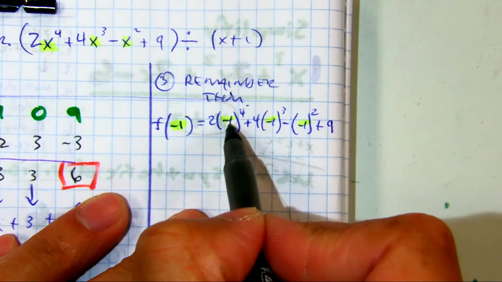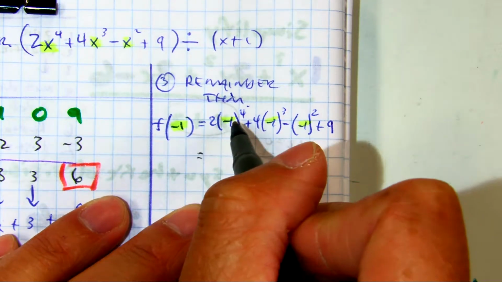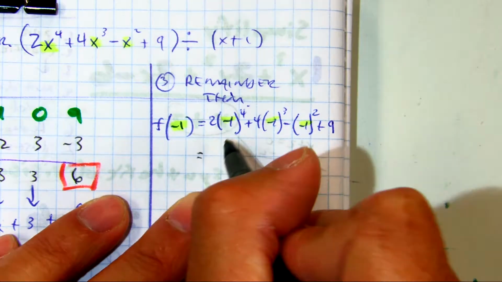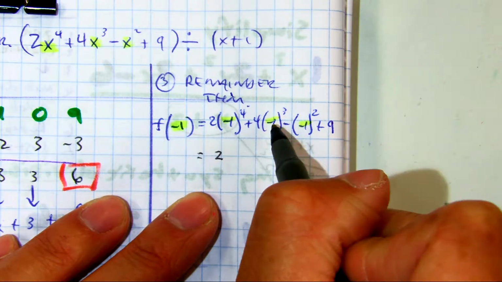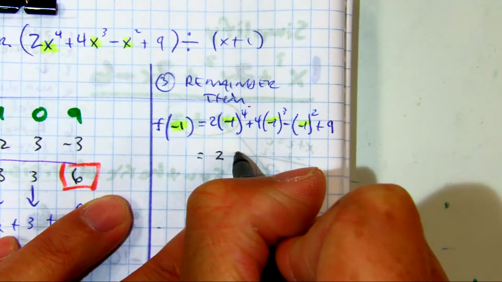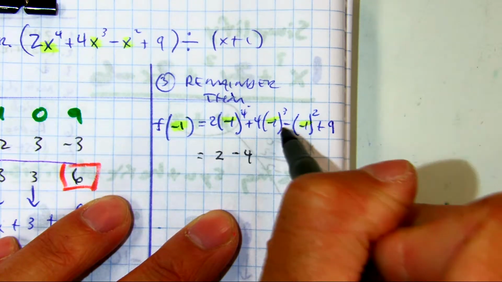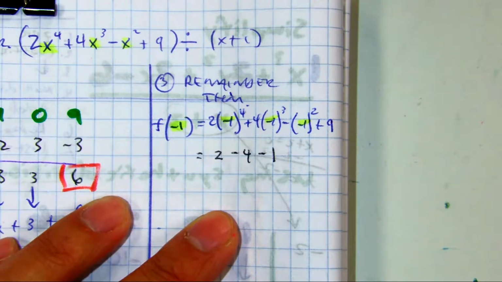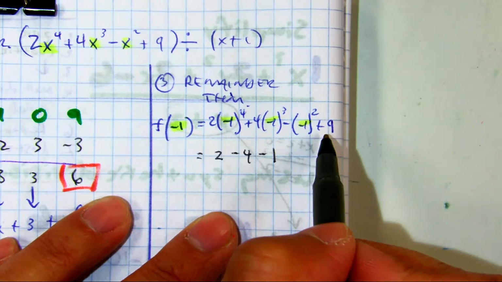Negative 1 to the 4th power is positive 1, yes? 1 times 2. Negative 1 to the 3rd power is negative 1 times 4. Negative 1 squared, opposite of 1. And then plus 9.